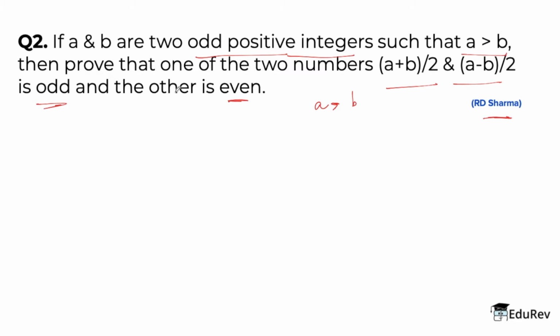Now since any positive integer is of the form 2q or 2q plus 1, right? Do you remember this? From where did this come from? If you do not remember, I'll give you a little hint.